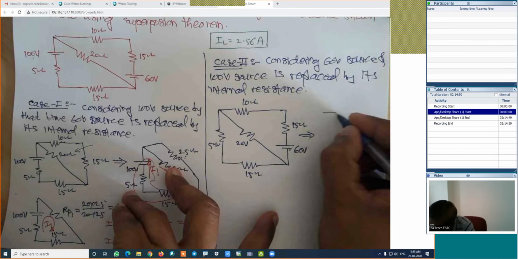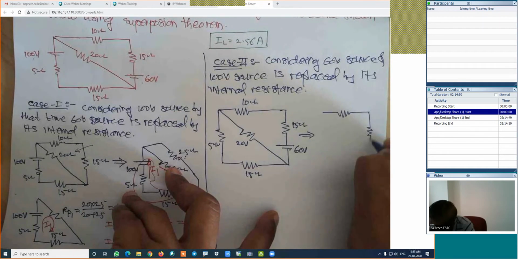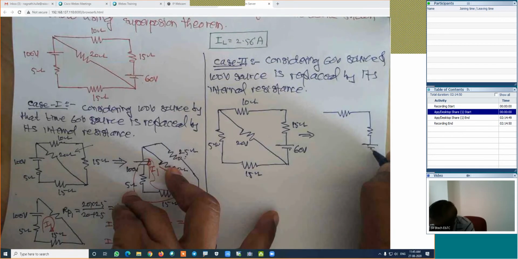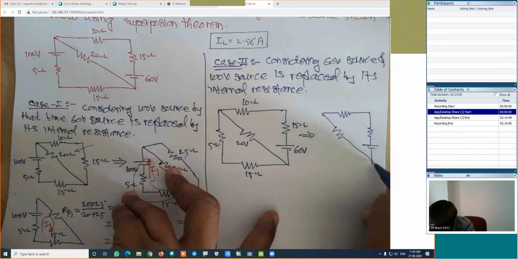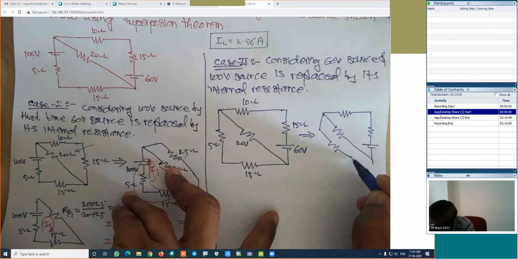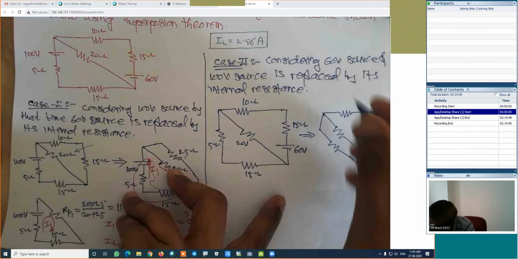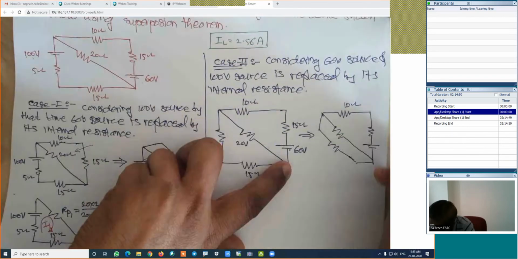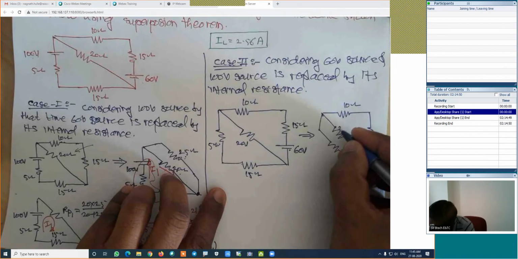I will draw this next figure. It is something like this. Is it right? And here, this is another figure. Its value is 10 ohm. This is 15 ohm. It is 20 volt.